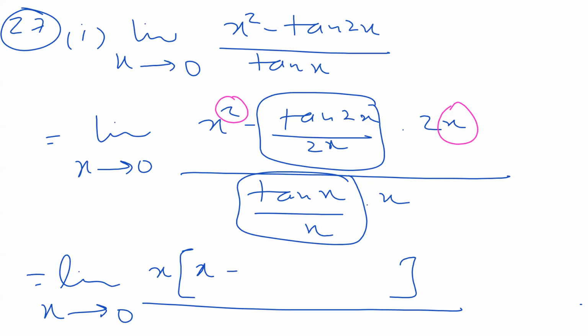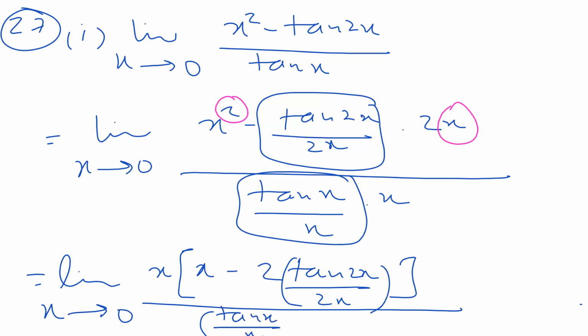So x minus 2 tan 2x by 2x, okay, upon tan x upon x into x. Now cancel out that x. So this x and this x are gone. Now we can put the values of the certain things over here.